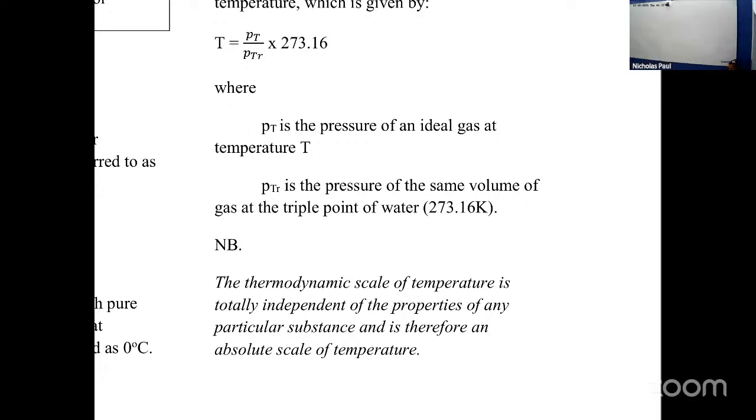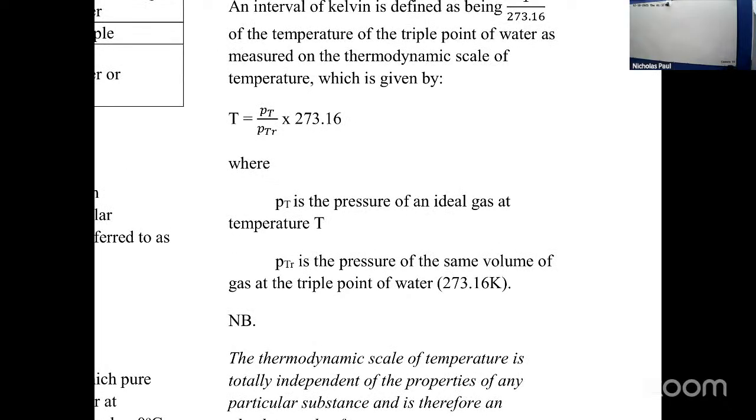Yeah, 409.7, right? So we're using this formula here. 100 over 150 or 150 over 100, right? So it was 150 over 100 multiplied by 273.16. It's supposed to be 409.7. That could work.